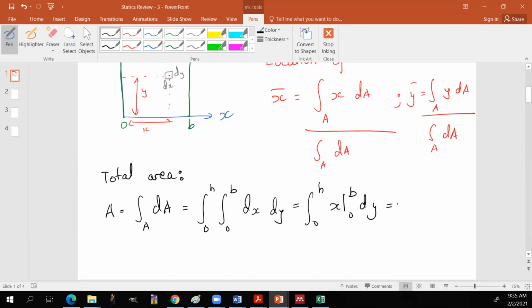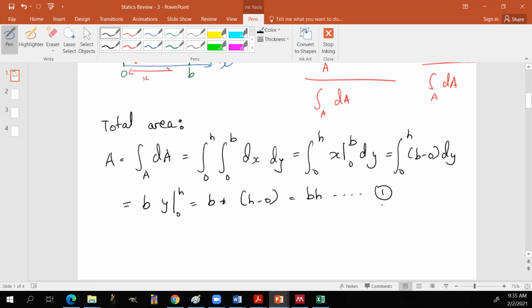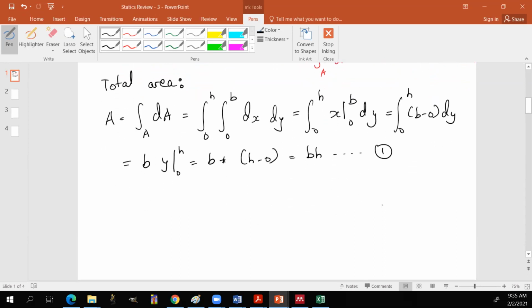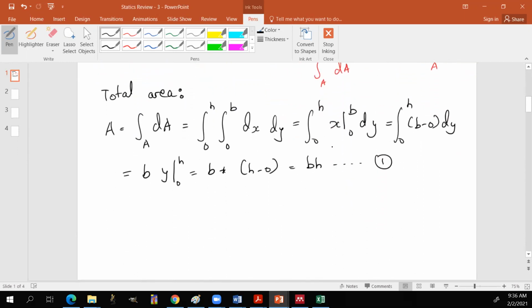So that becomes equal to the integral from 0 to h of (b minus 0) dy, which is b times y from 0 to h, equal to b times h minus 0. That is equal to bh. All right, so that is your area, which makes sense. For a rectangular plate, area is just going to be b times h. We just proved it. Thanks, integration.